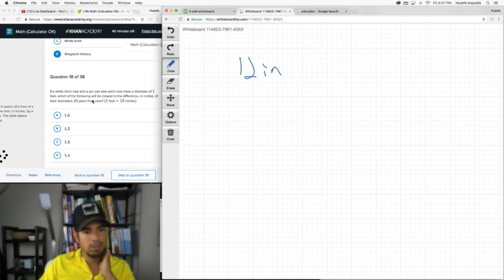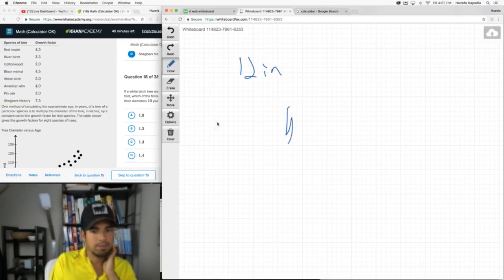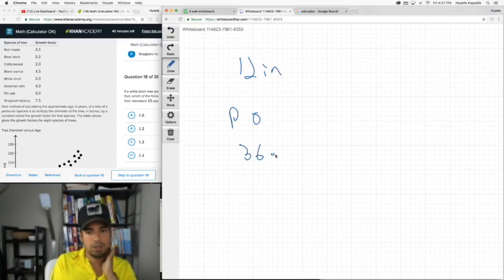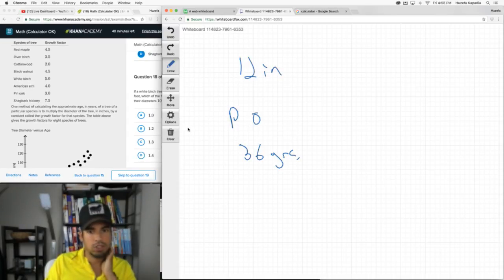So 12 inches, and we have pin oak and white birch. Pin oak is 3, so it's 36 years. White birch is 5. 5 times 12 is 60.